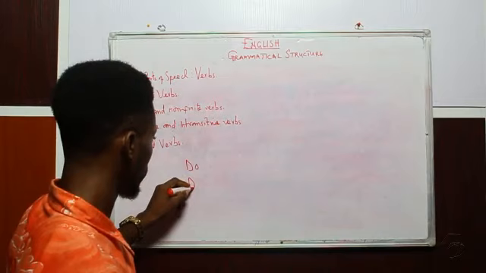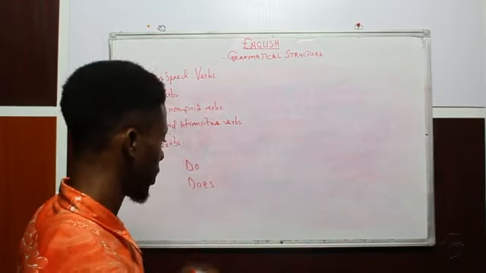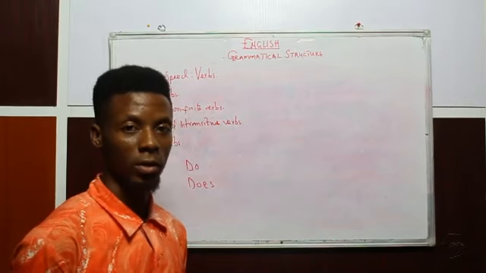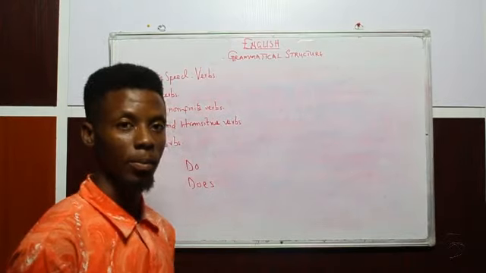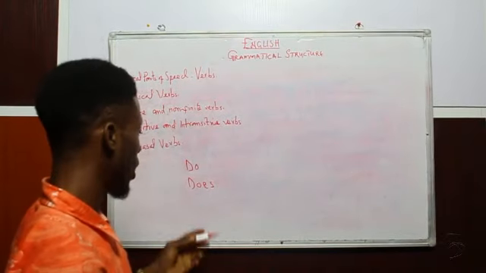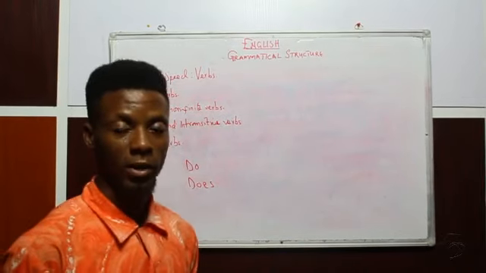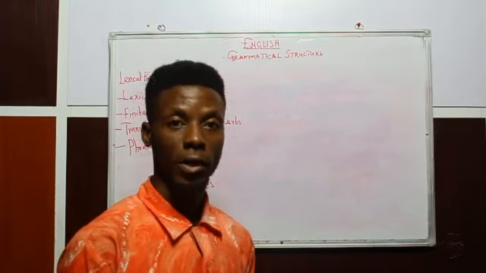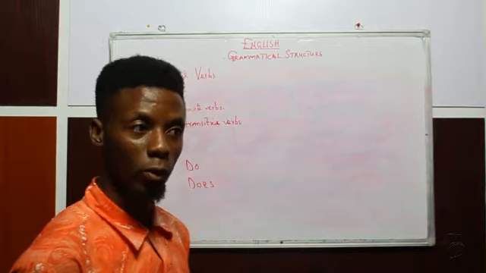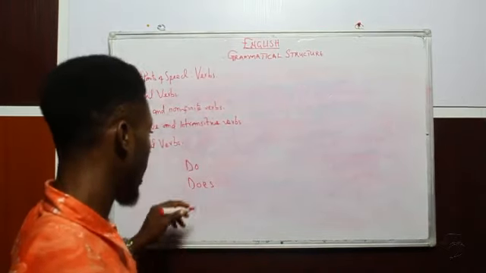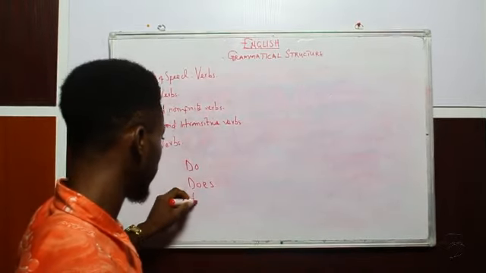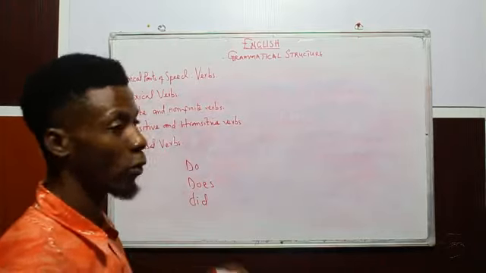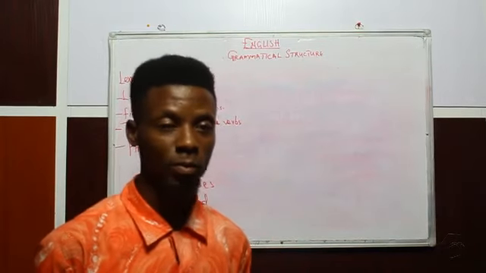When it becomes does, it is the third person singular form, reflecting the verb of a pronoun. And when we see did, this is showing the past tense.